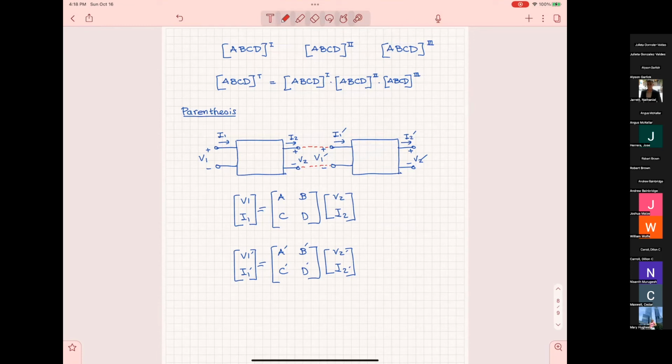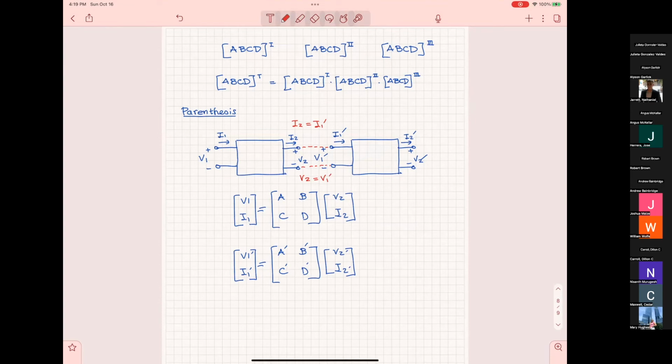From Kirchhoff's law, I2 equals I1 prime, and V2 is equal to V1 prime.